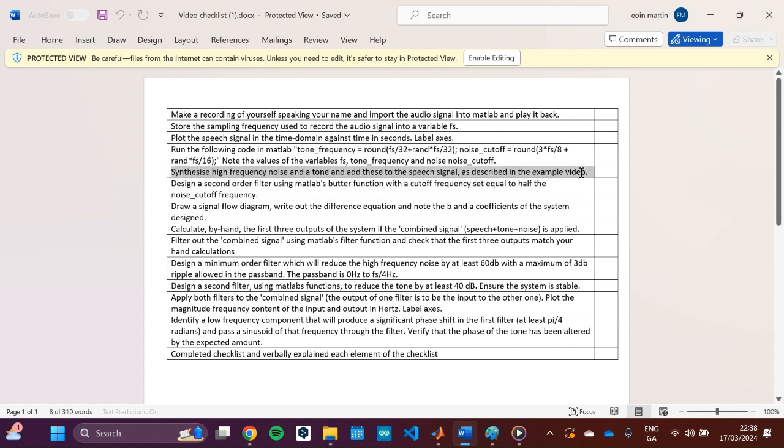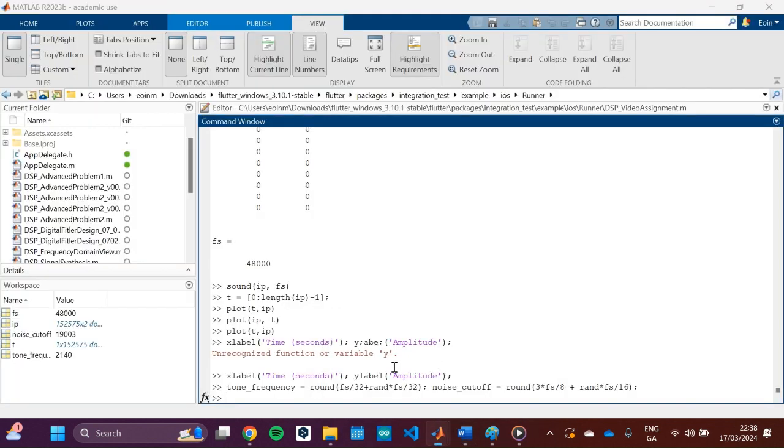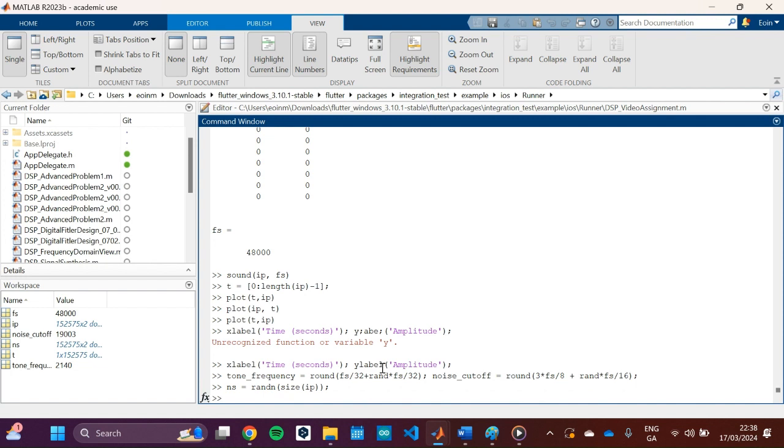Synthesize high frequency noise and the tone and add these to the speech signal. So for the synthesized noise, I'll go for NS equals randn, a random number array that's the size of the input. And I'll make a filter with the cutoff frequency, so you get the B and A coefficients.